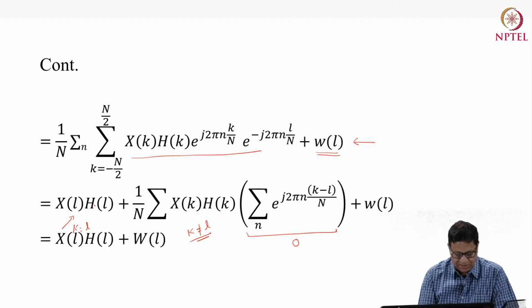So the final expression becomes XL, that is the data on the Lth subcarrier, times the channel coefficient corresponding to the Lth subcarrier, plus the noise in the Lth subcarrier.